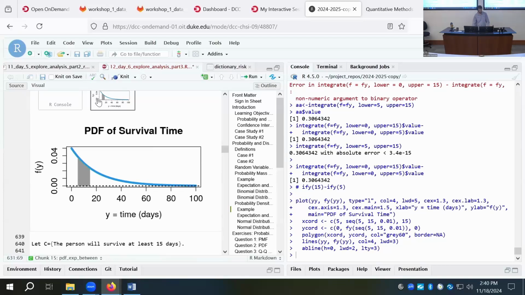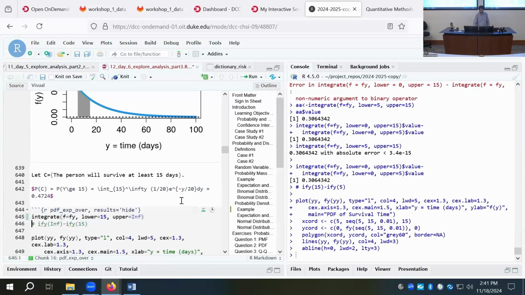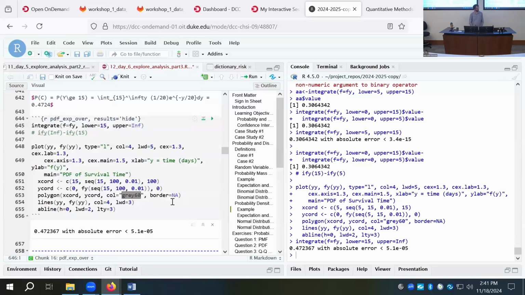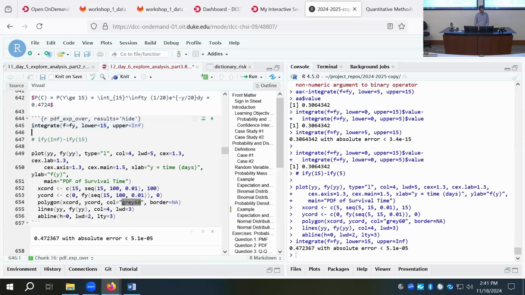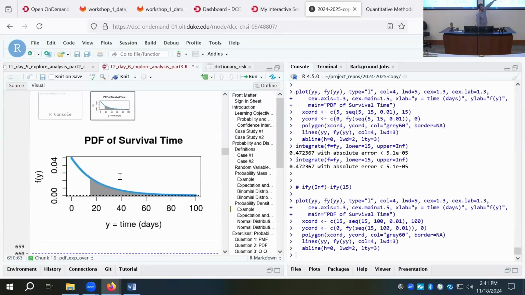All right. So for 15 days, we're integrating f of y from 15 with upper equals infinity. Can anyone think of another way we could have calculated that, based on what we know, that everything has to sum to 1? So let's look at this. We're interested in this gray area, and we know that when we integrate underneath this curve, it has to go to 1.